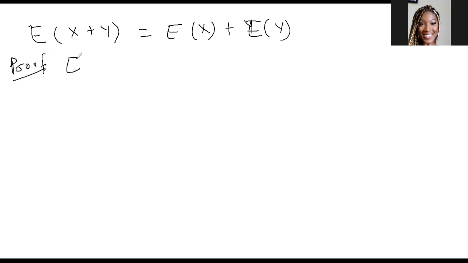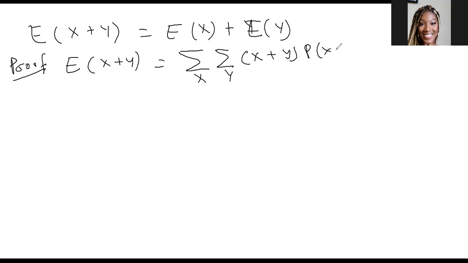The proof is: E of X plus Y is equal to the sum over X, the sum over Y of X plus Y times P of X, Y. This is by definition. If X and Y are two discrete variables, this is the way we define the expectation of the sum using that formula for G of X, Y.